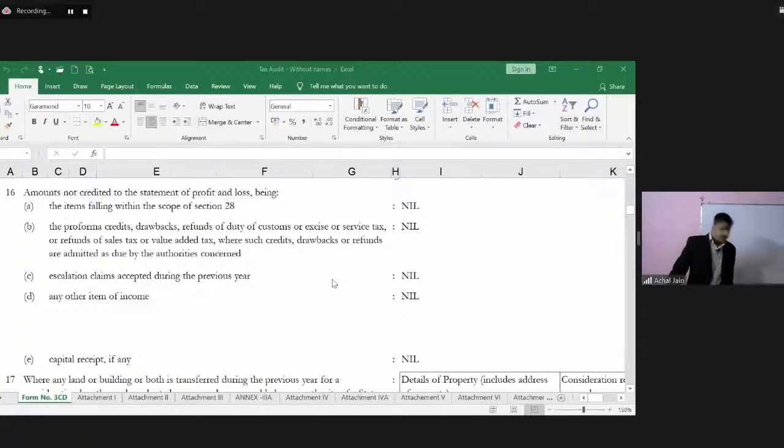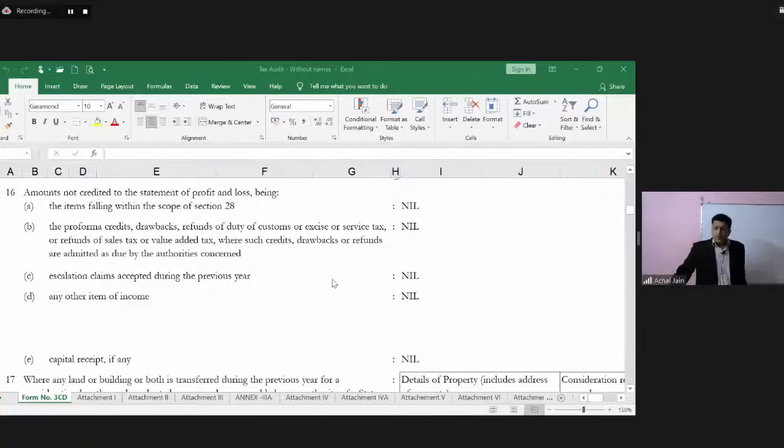Now, let's try to think about it, that there is a receipt which is falling under any of these sub-clauses, means A, B, C, D, and E, but for some reason that is not taken to the P&L. For example, maybe there is a drawback, or maybe there is a refund of duty, or maybe there is refund of any sort of taxation, which instead of taking to P&L, entity may have adjusted with the amount of, say, fixed assets.